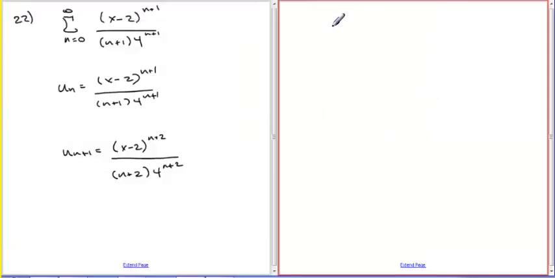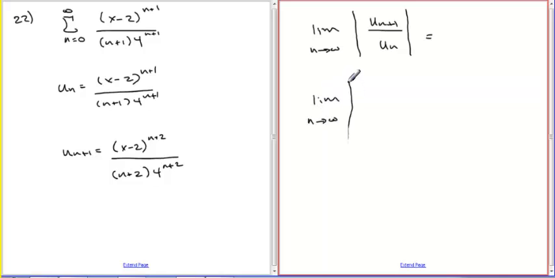Okay, so what we do is we take the limit as n goes to infinity of the ratio of u sub n plus 1 divided by u sub n. So we'll get u sub n plus 1, and I've got to make sure u sub n plus 1 has n plus 2 in it.